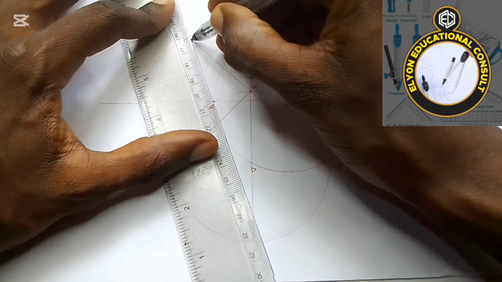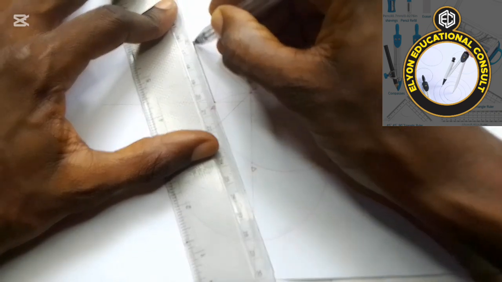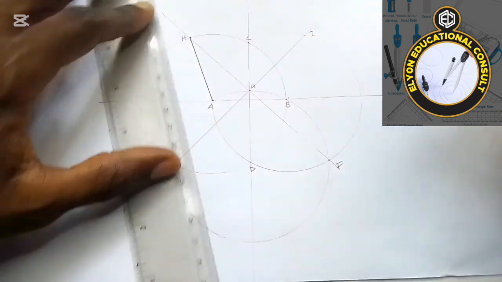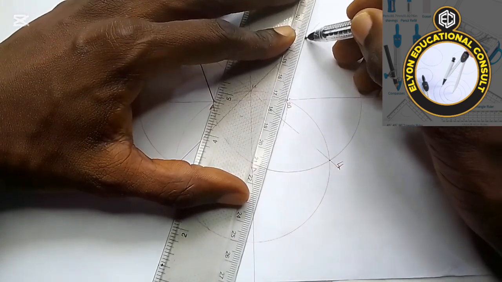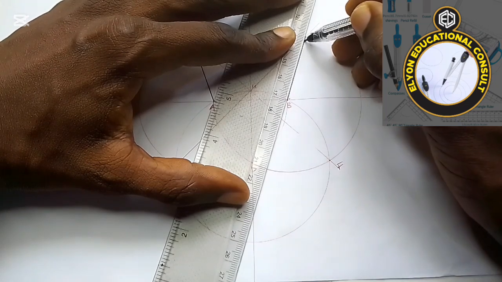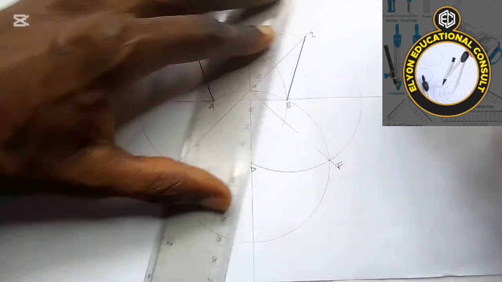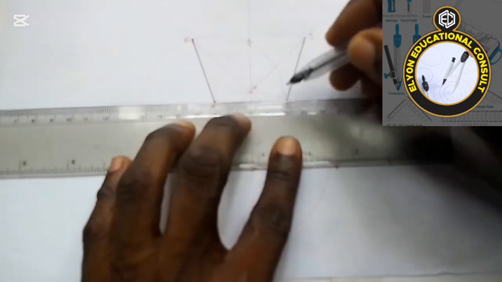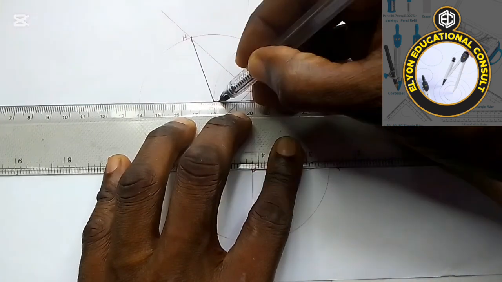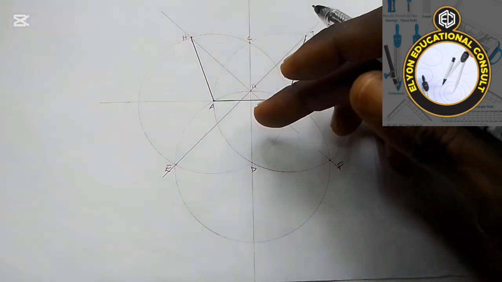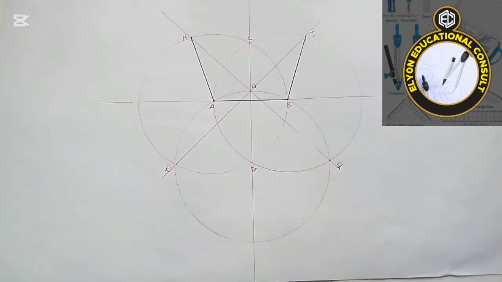Connect BI this way with a thick line. Then AB is the first side. So you can see we already have 3 sides of the regular pentagon.